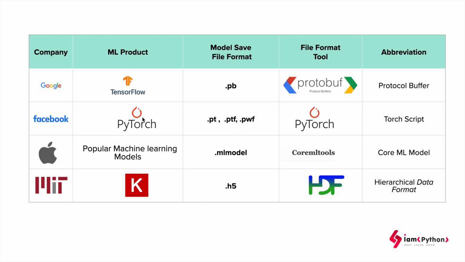But if you're building PyTorch-based models, generally we convert them into .pt, .ptf, .pwf. These are the different model formats, and we use PyTorch and TorchScript basically. These TorchScripts we can use to create these file formats.